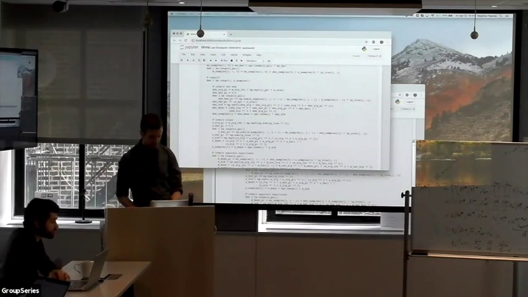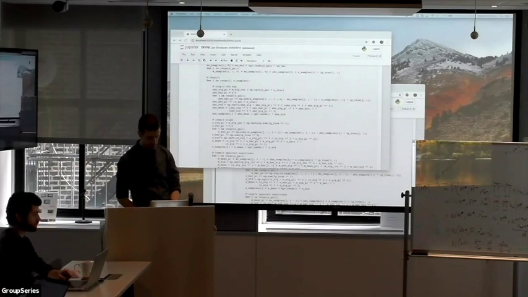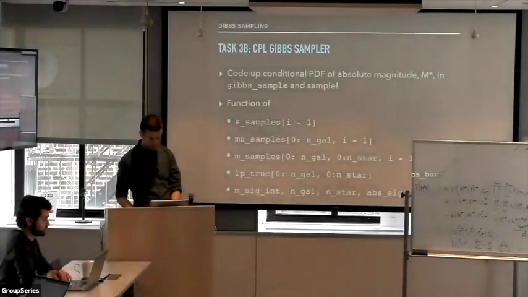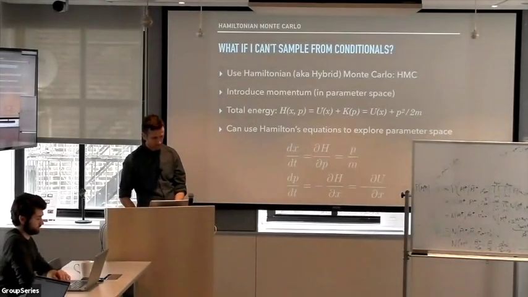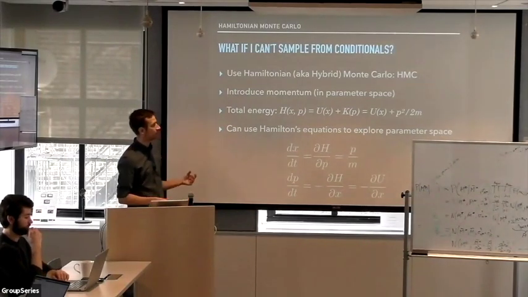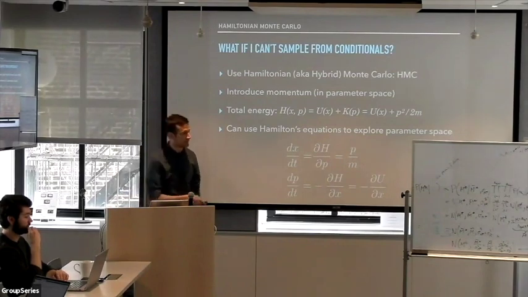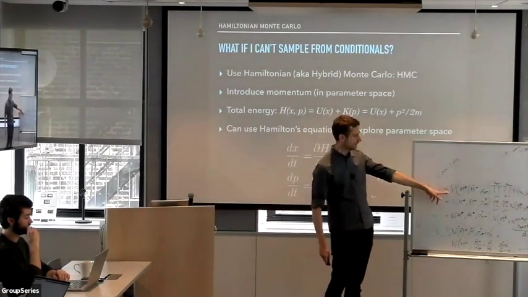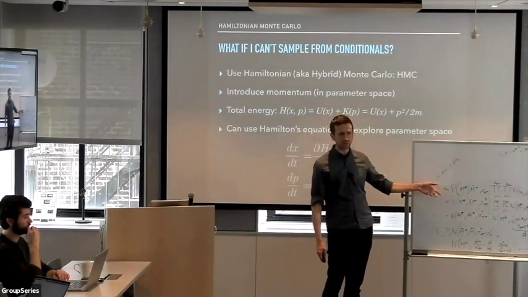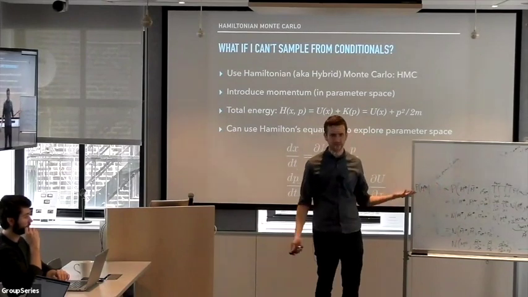Right. So there's one last thing that I wanted to cover, which is the case where you write down all of these conditional distributions, and maybe you can't get any further than this. Or you can plug in some actual distributions, but you can't end up sampling from the conditional.